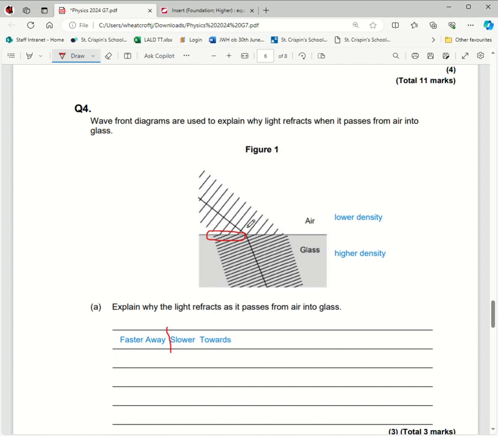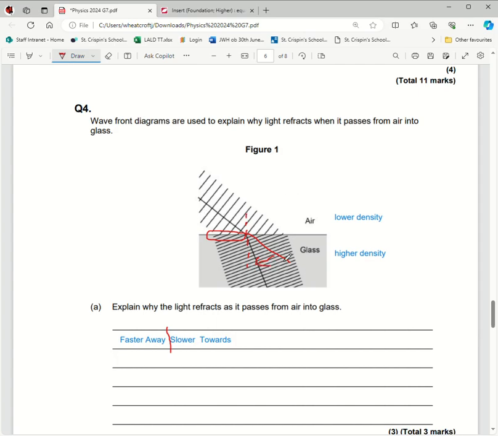The normal is this imaginary 90-degree line that we can draw at the point that the wave is intersecting with the boundary between the two mediums. And that wave, instead of carrying on in its original direction, which would have been that way, has moved this way towards that normal.